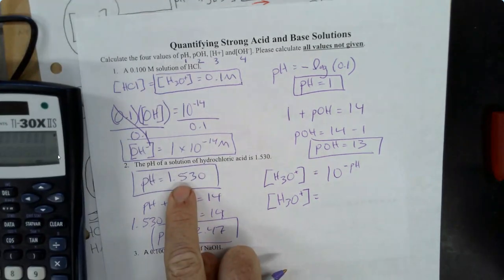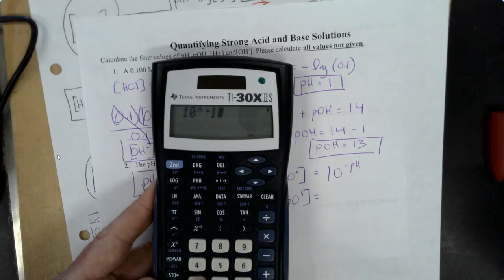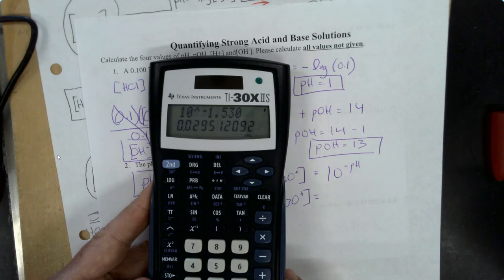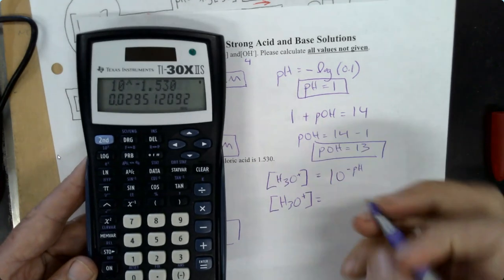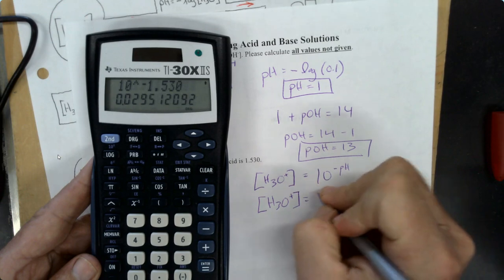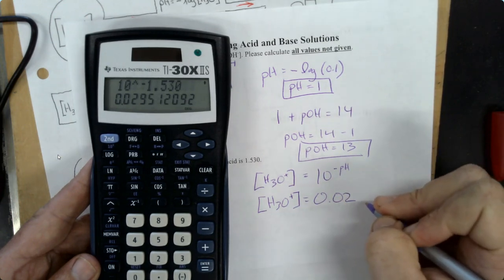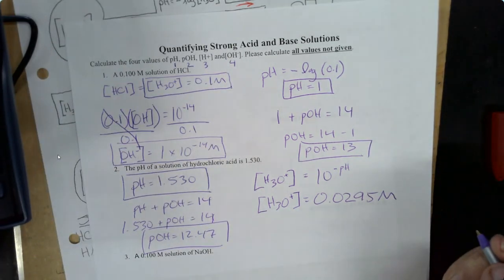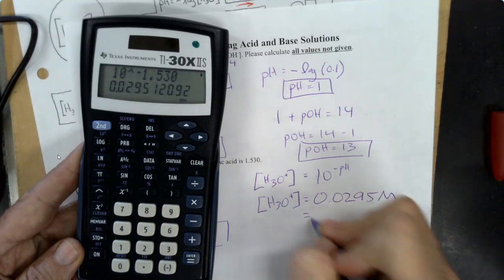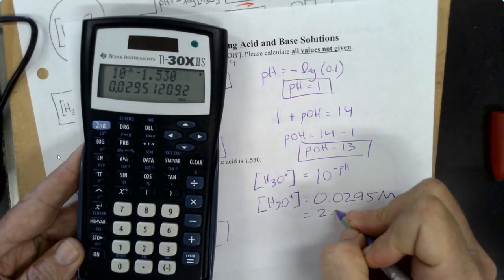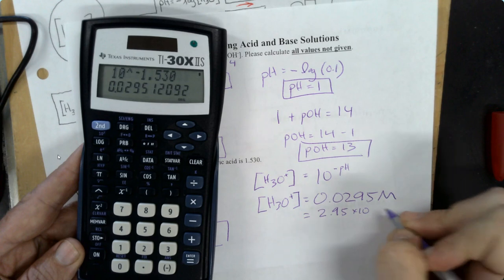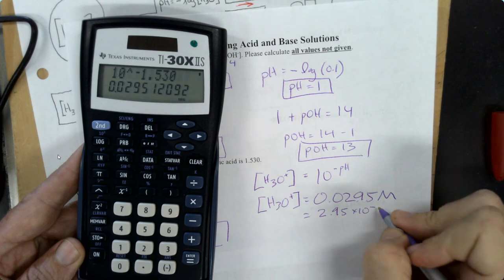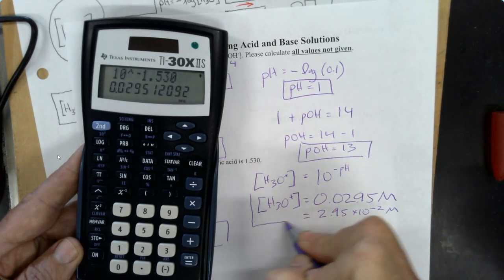I can't remember. Oh yeah, it was 1.530. Enter. So the hydronium ion concentration is 0.0295 molar. Yes? Which is the same thing as 2.95 times 10 to the negative 2 molar. Either one's fine.